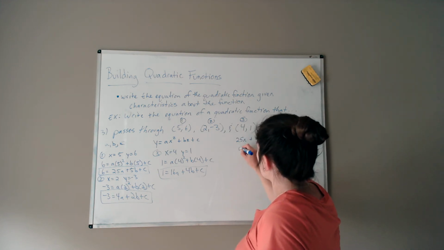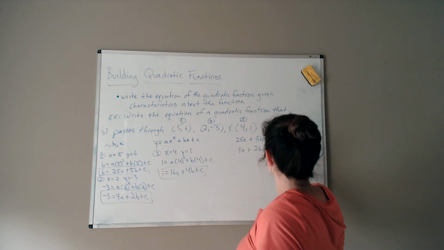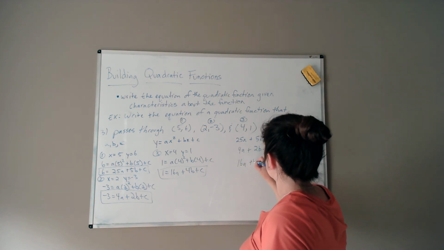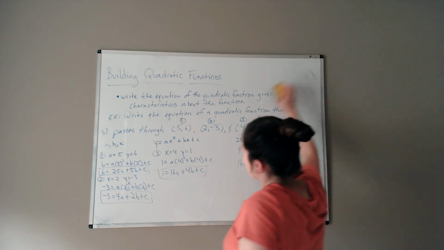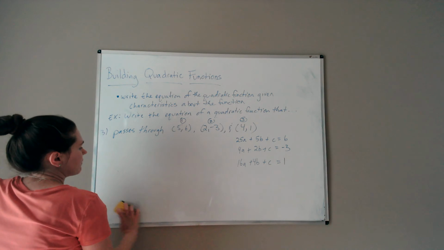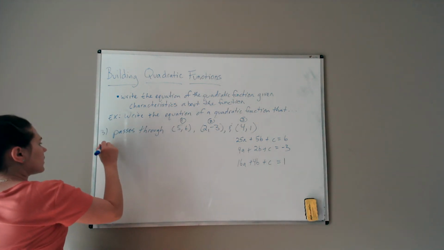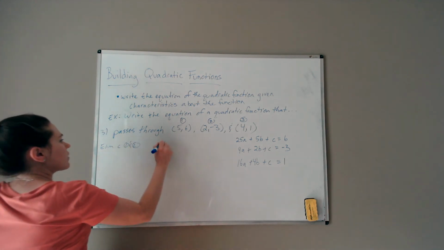This is 4A plus 2B plus C equals -3. And 16A plus 4B plus C equals 1. And I'm going to erase this over here so I have enough room. And I'm going to eliminate C first. And I'll pair 1 and 2, and then I'll pair 2 and 3.